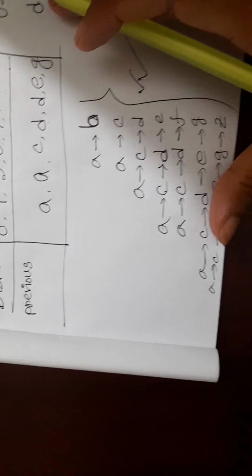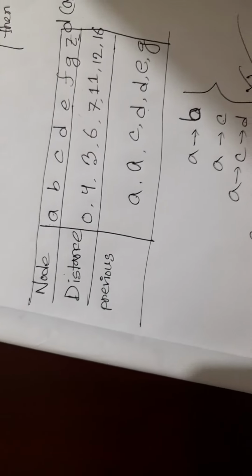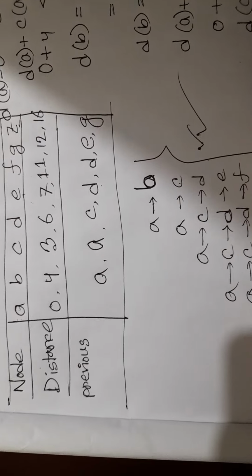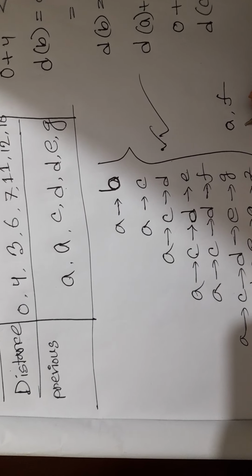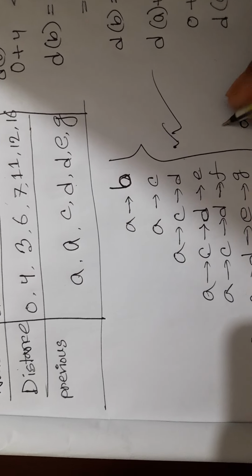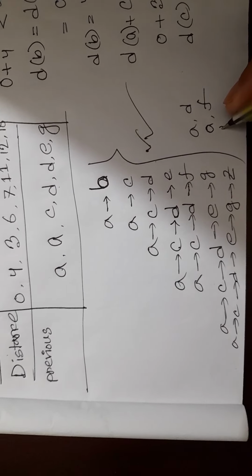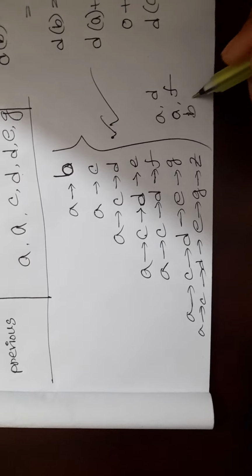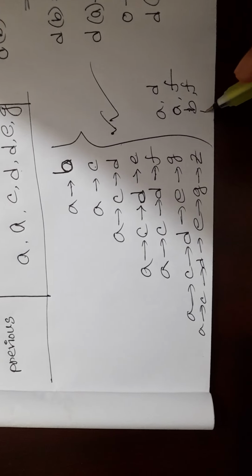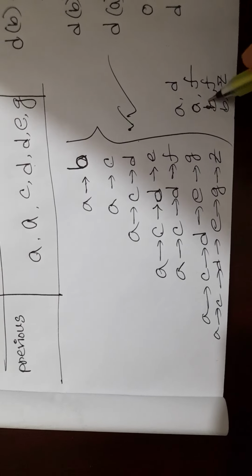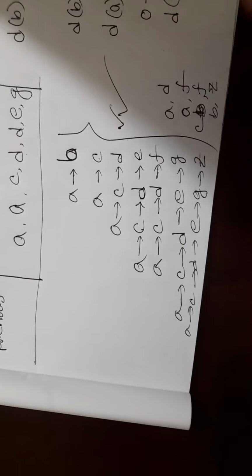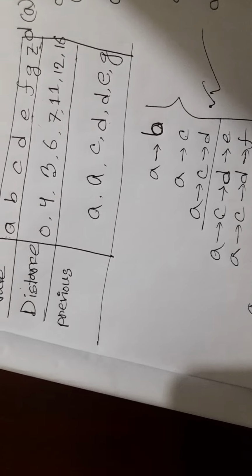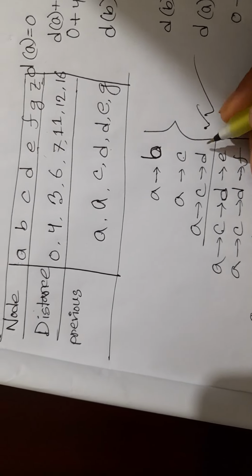The length of the path: A to D, A to F, then B to F, B to Z, C to F. Here A to D is the third path.